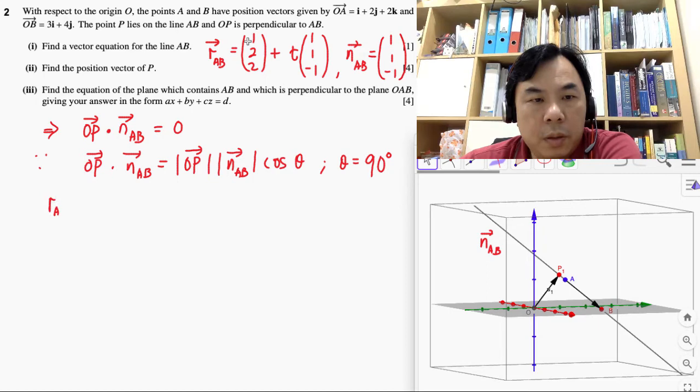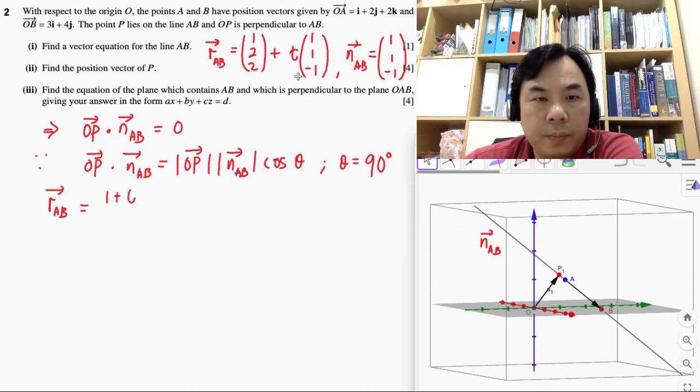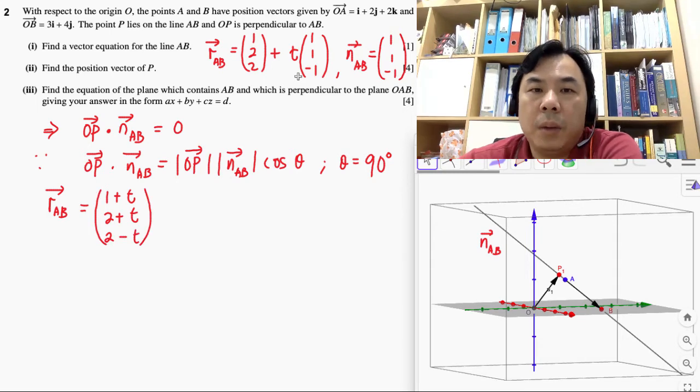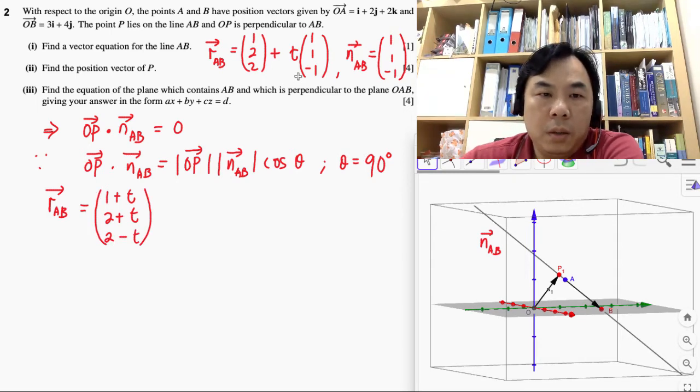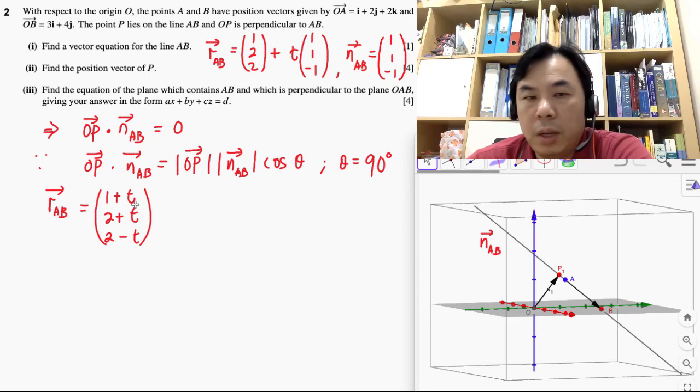Here, instead of writing it in this parametric form, I can also combine the parametric form in this way. The purpose of writing it this way is to show that any point on the line can be represented by these parameters.